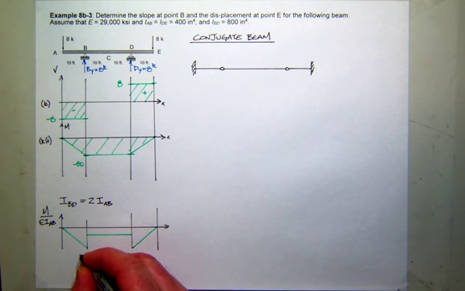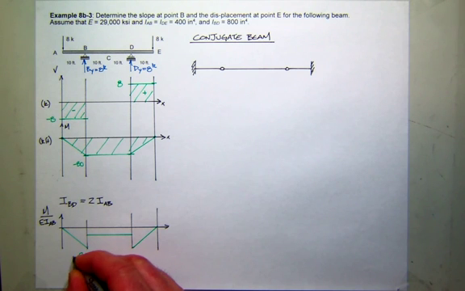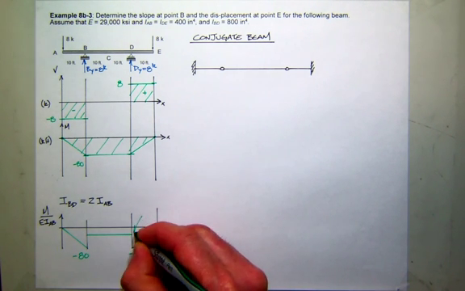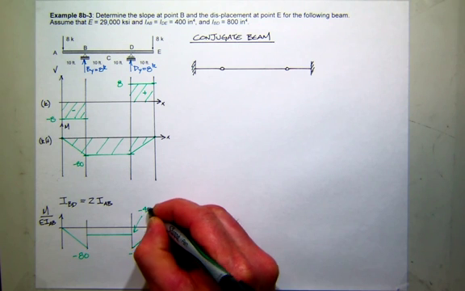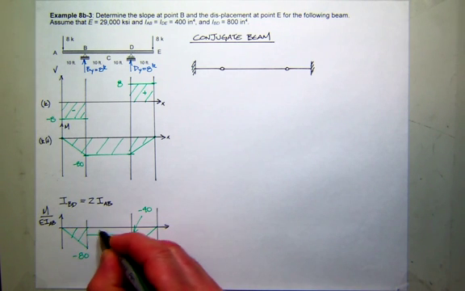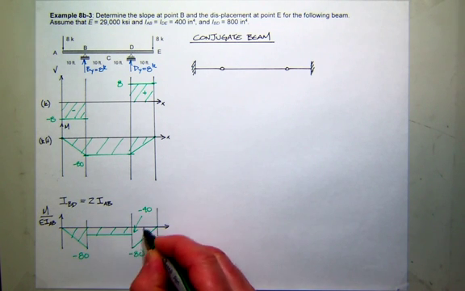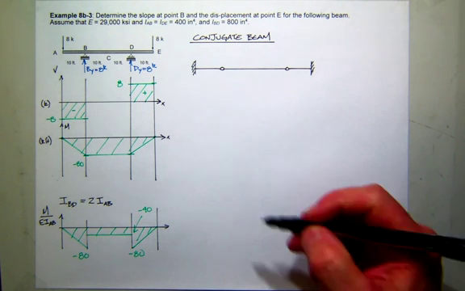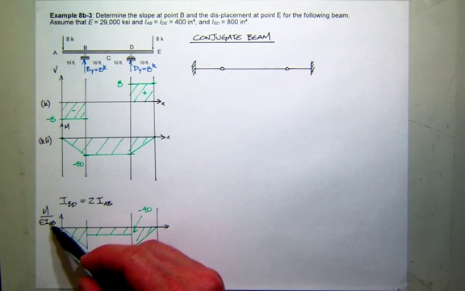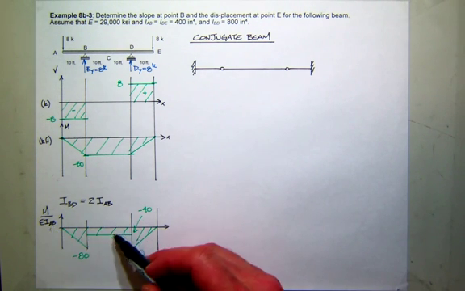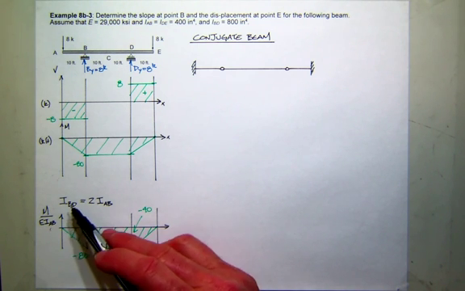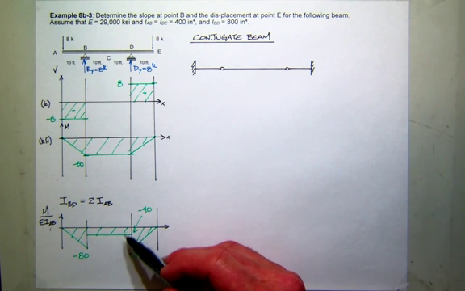So this would be 80 at minus 80, and that value would be minus 40. Okay, see that? So now I have one constant, but I've adjusted for it. Because the moment of inertia in this middle section is twice as big as the end section, so it got divided by 2.